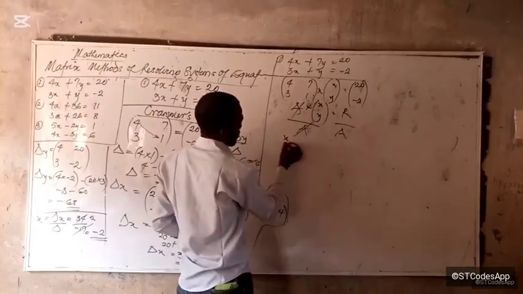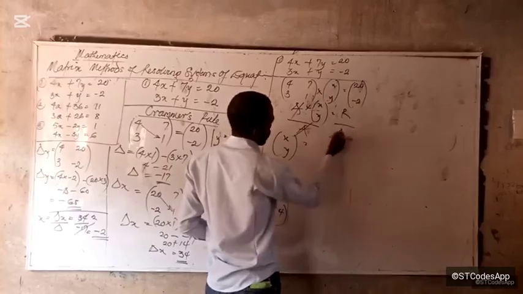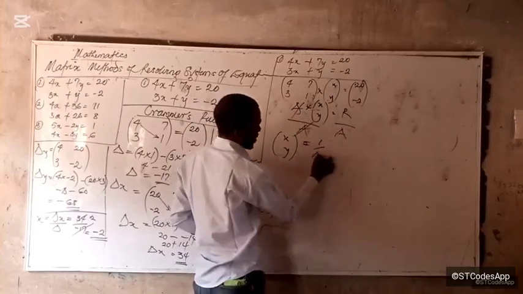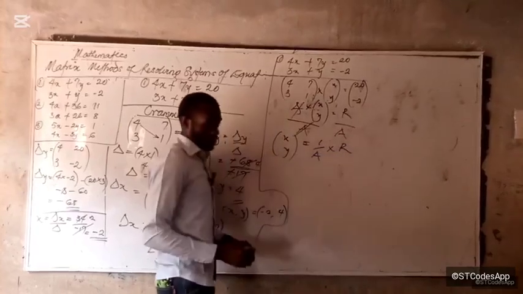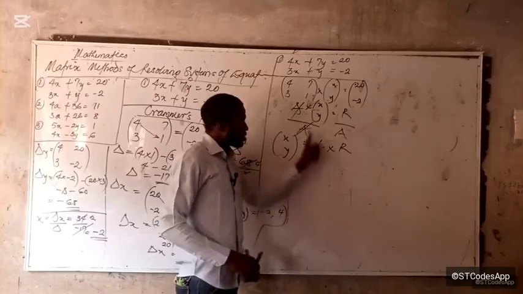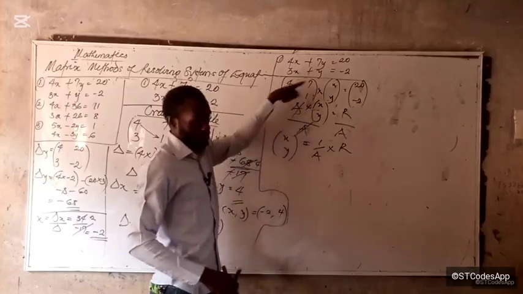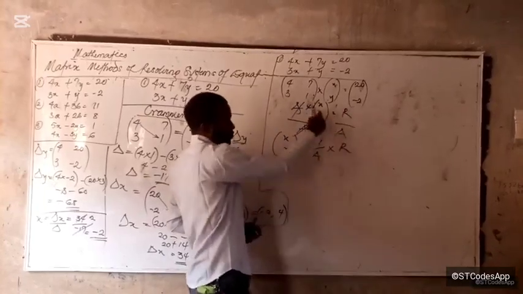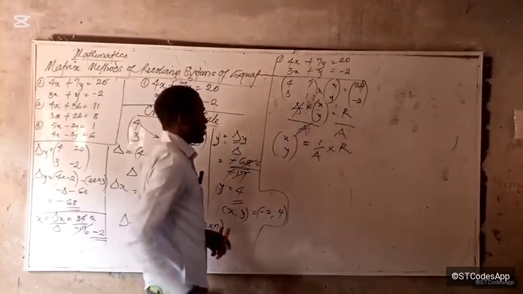So we have x, y equal to R over A. This is the same as saying 1 over A times R, isn't it? So what you want to first do is find the inverse of this matrix A. So this is just saying that the inverse times the result will give you your x and y values.